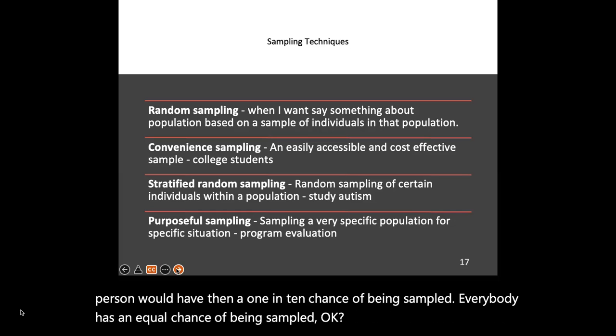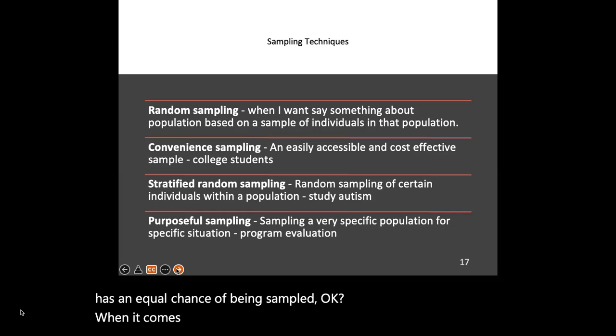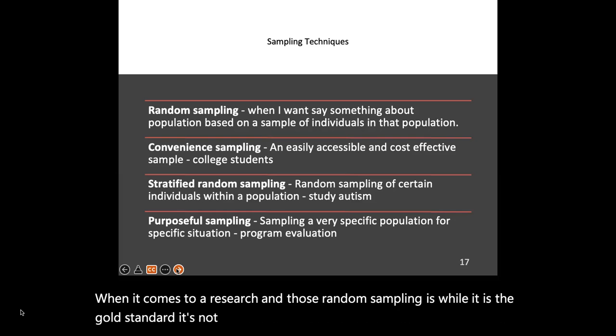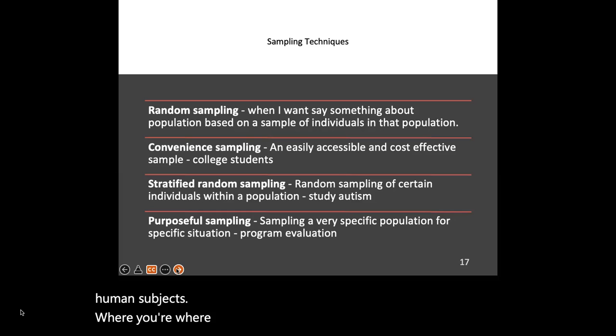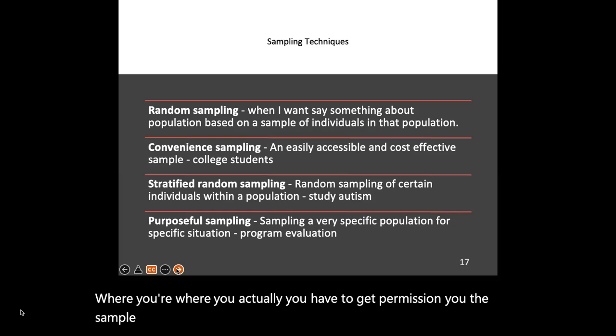When it comes to research, random sampling is, while it is the gold standard, not always possible, especially when you're dealing with human subjects, where you actually have to get permission. The individuals have to agree to be measured, in essence.